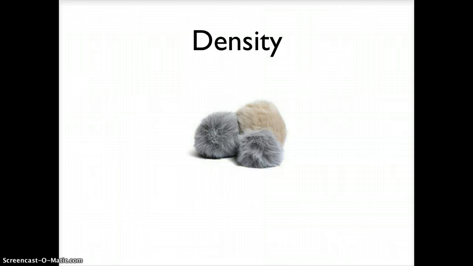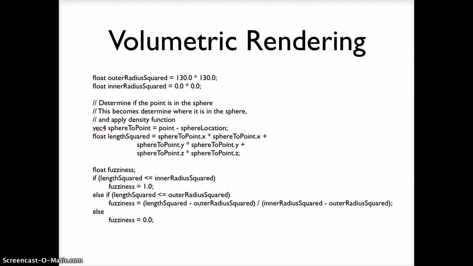One that goes out to the end of the soft section and one that is the inner radius, that's the hard section. You can kind of think of it like a baseball, which has the outer sort of shell, and on the inside has a hard piece of cork. If you look here in our volumetric rendering, in an effort to get the fireball, the inner radius is 0. I was apparently feeling thorough when I decided to do 0 times 0 to make sure I got 0 squared.